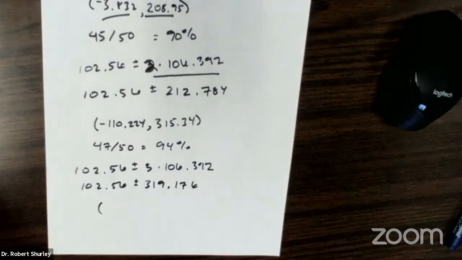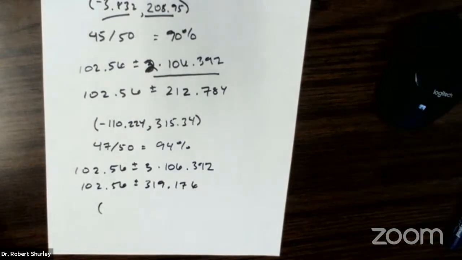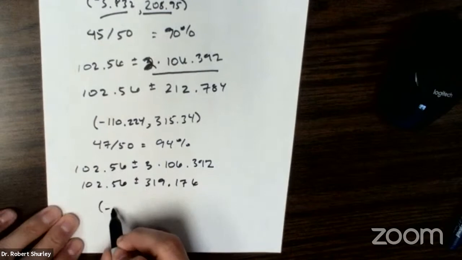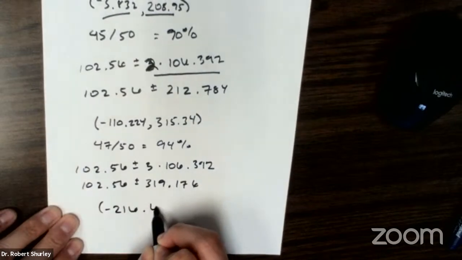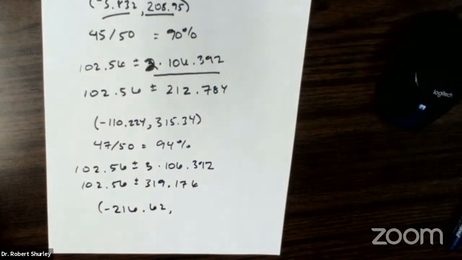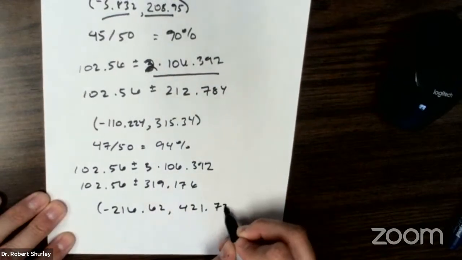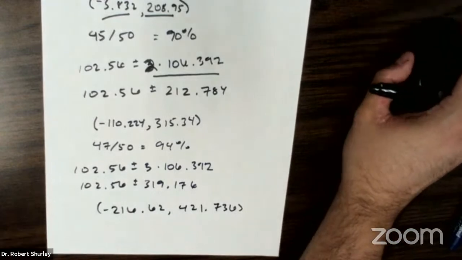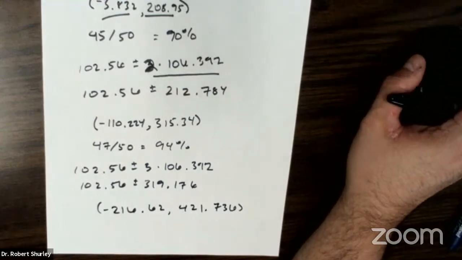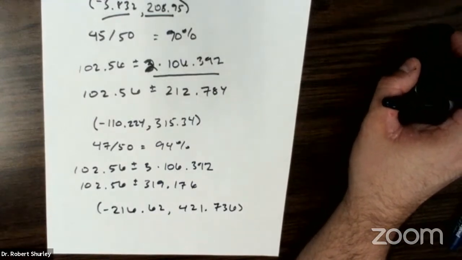My lower interval is going to be 102.56 minus 319.176, which is negative 216.62. My upper interval is going to be 421.736.